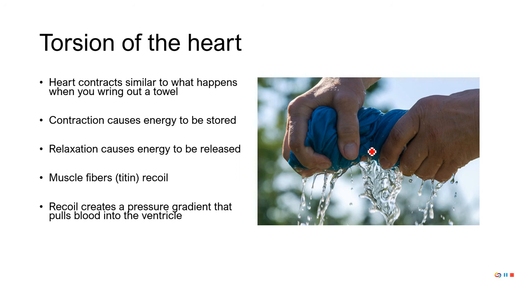This is really important during exercise because we need to take advantage of every resource that we've got to increase preload, to increase getting blood into the ventricle. As we exercise, we are able to store more energy during these contractions. There are other things that we're going to talk about that will also contribute to having an increased stroke volume despite the fact that heart rate goes up during exercise.